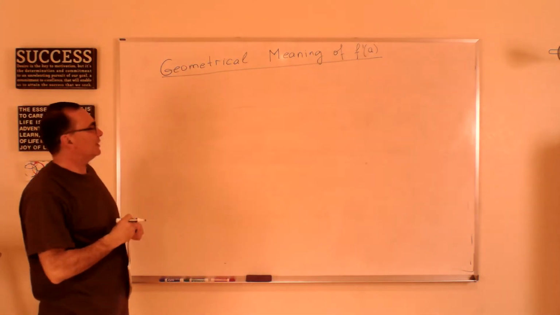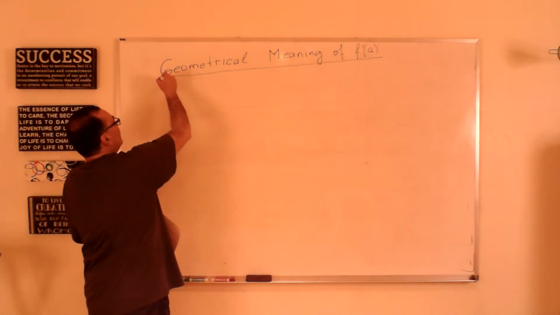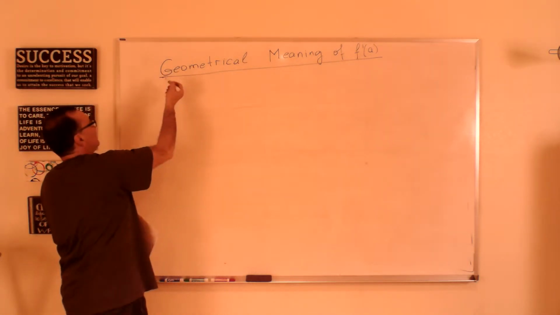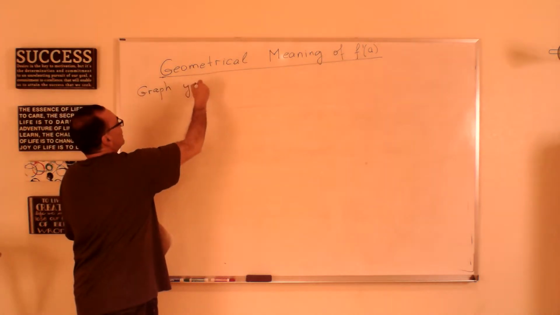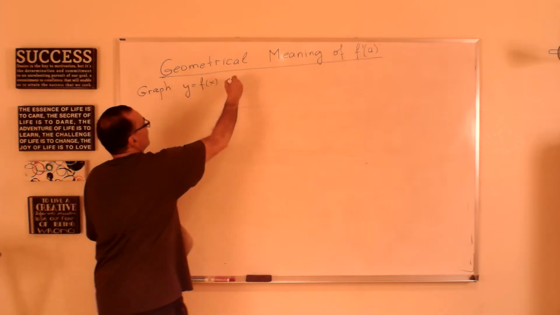Again, geometrical means that it's on the graph of the function, which means assume that the graph of the function is given. So the graph that is typically denoted y equals f of x is given.